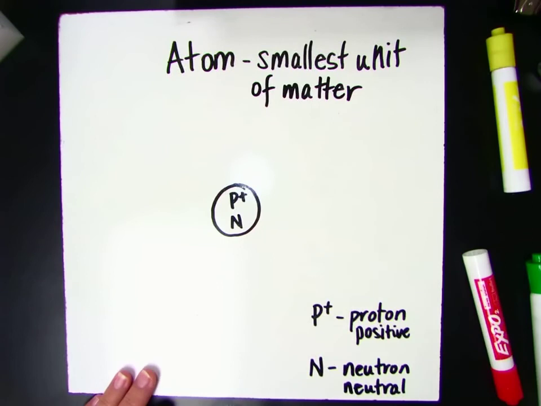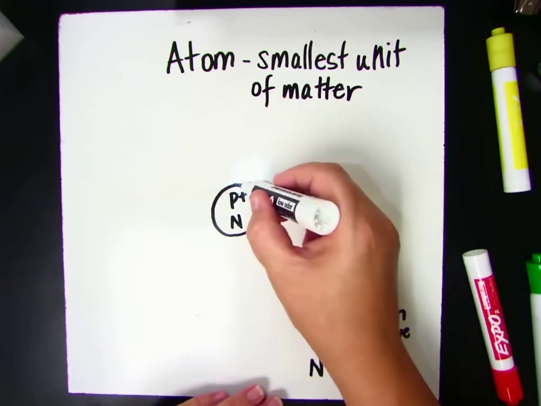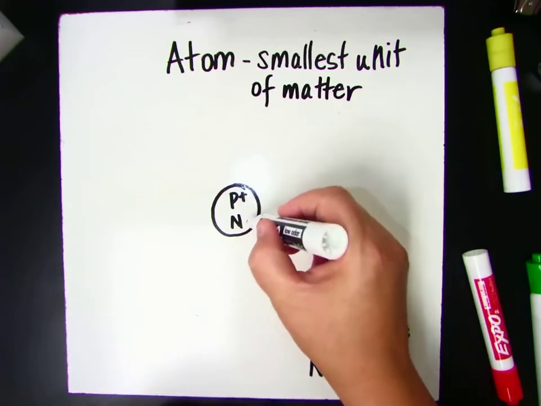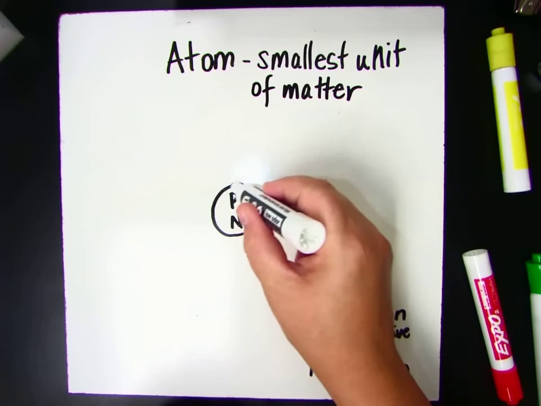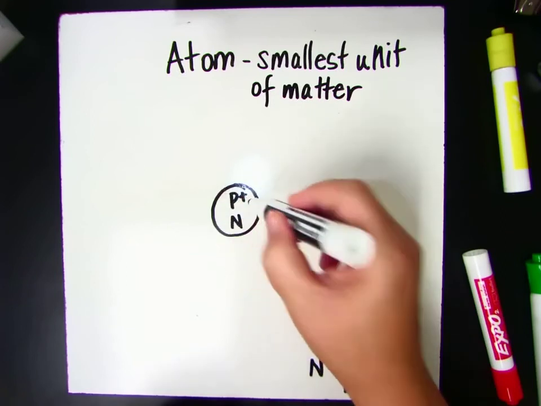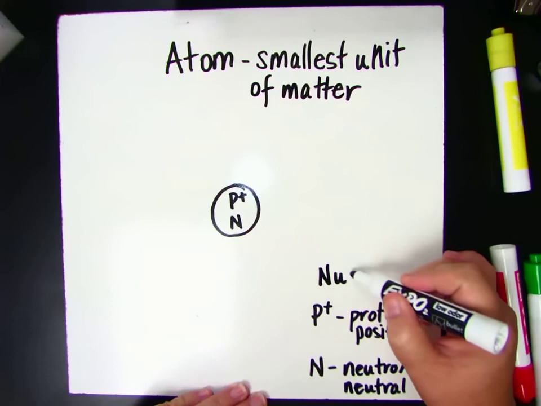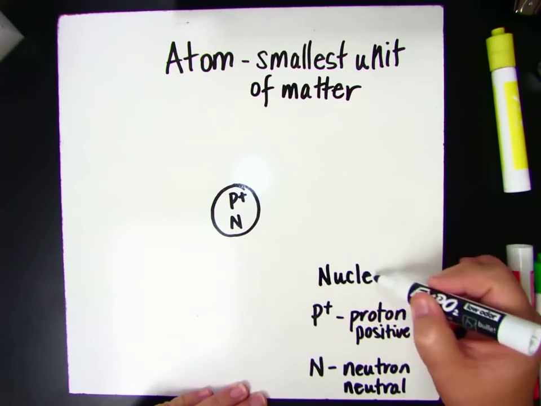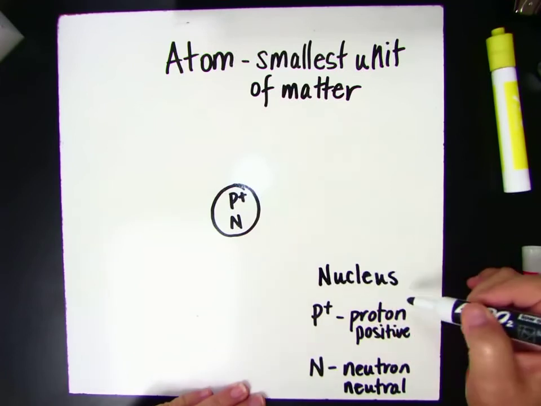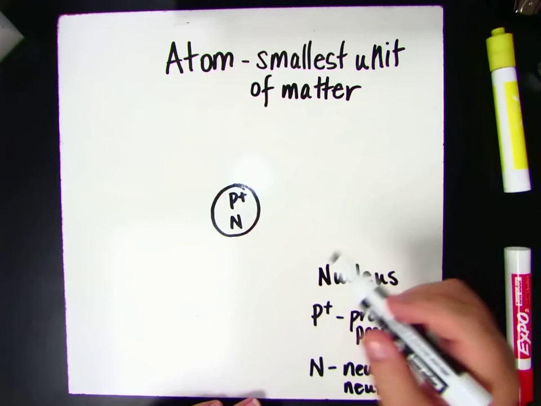Okay, so inside of the center of the atom we have these two particles. Now this center of the atom is called the nucleus. And that just happens to be the name of the center, the nucleus.